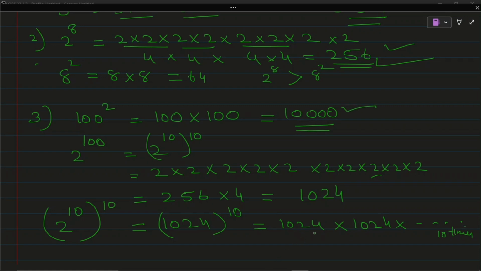When you multiply the first numbers, that is 1024 into 1024, if you multiply 1000 into 1000 also, the answer will be more than 10,000. So this number, that is 2 raised to 100, 2 raised to 10 whole raised to 10, means 2 raised to 100 is greater than 100 square.